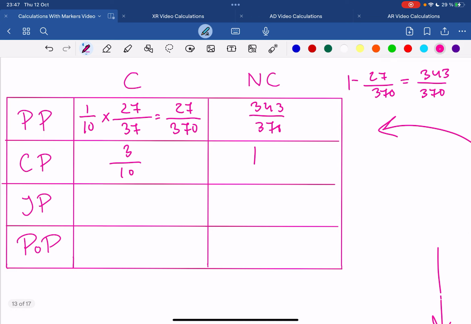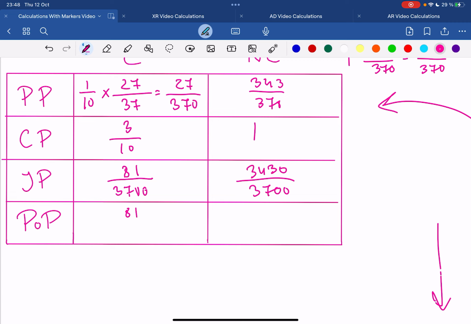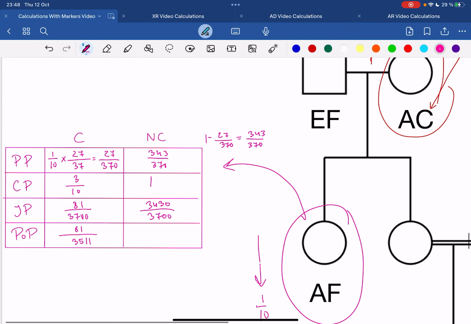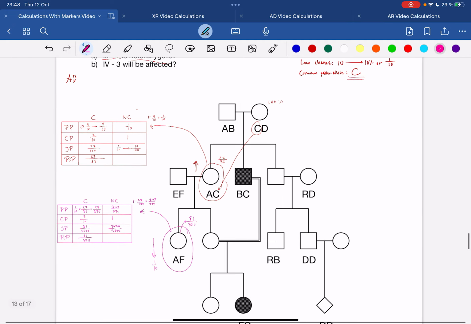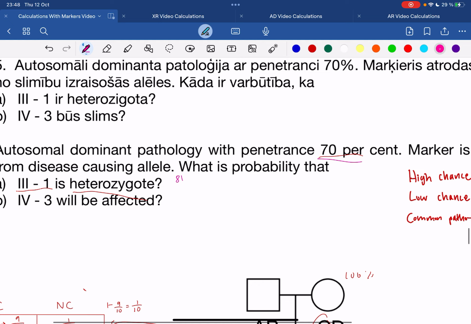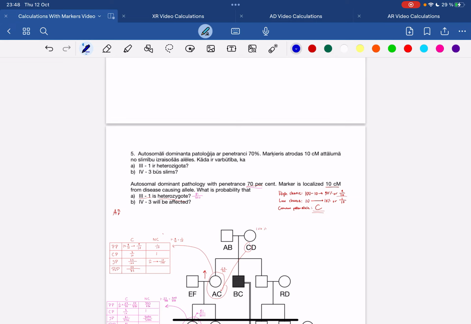Then finally the joint is the previous ones multiplied by one another, which would be 81 divided by 3700 here, and then 3430 over 3700, and that will give us 81 over, which is here, plus this, so 3511, which is the chance for this person to be a carrier. 81 over 3511. Finally, we get to 4-3.